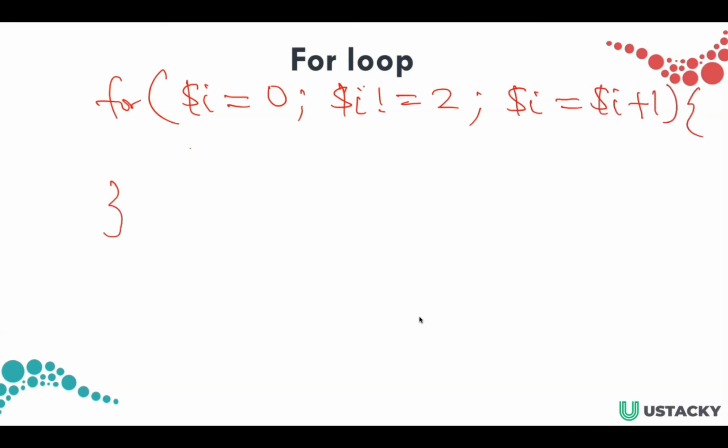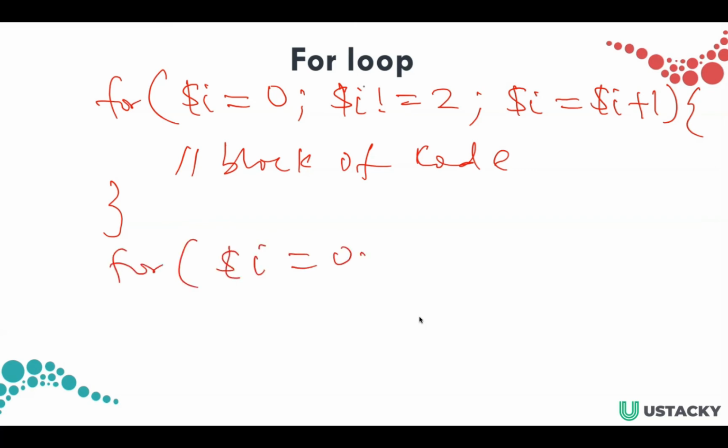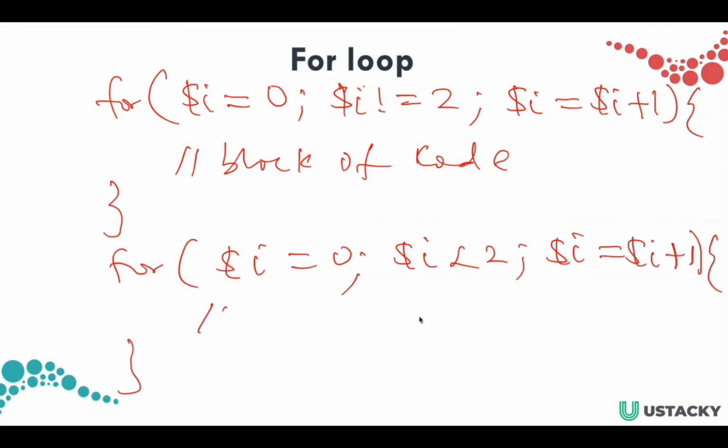And this is the block of code. It can also be written as for $I is 0, $I is less than 2, $I equals $I plus 1. And this is the block of code.